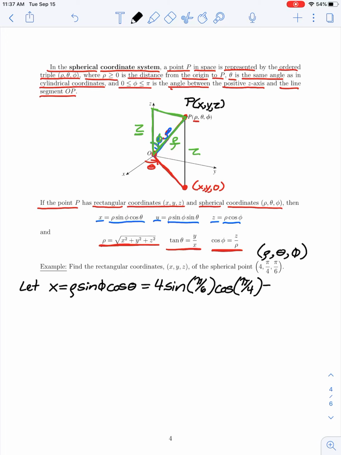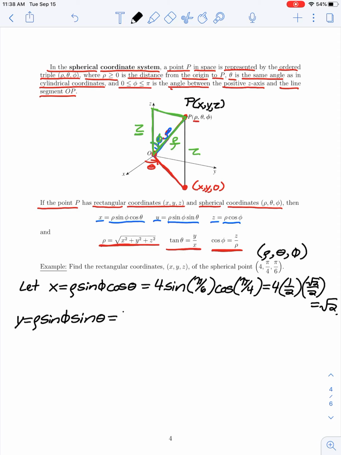So let's see what we're left with. We have 4 times sine of pi over 6 is 1/2, and cosine of pi over 4 would be root 2 over 2. So taking this product, we're left with just root 2. Now to find y, we're taking rho sine of phi sine of theta.